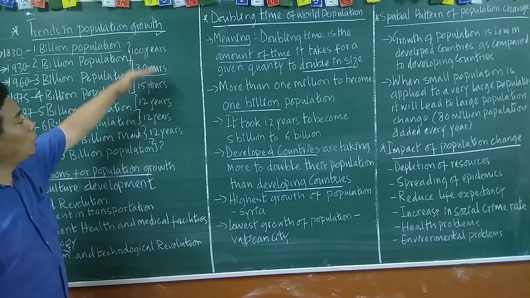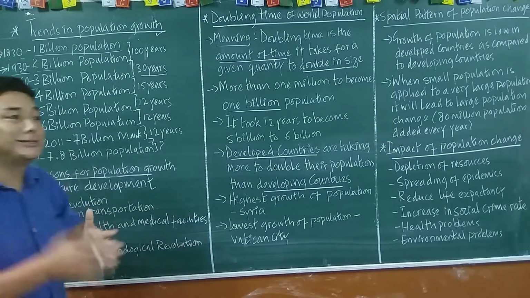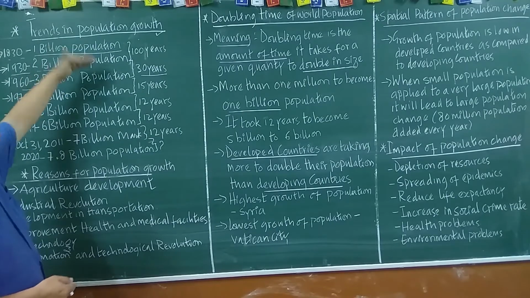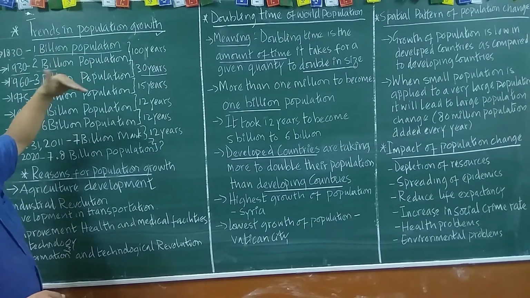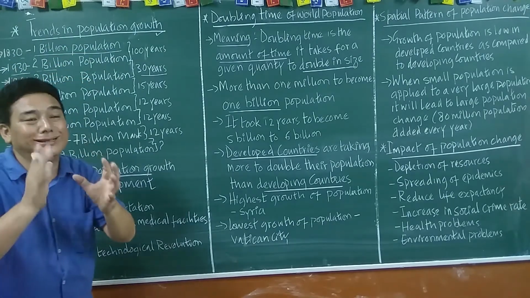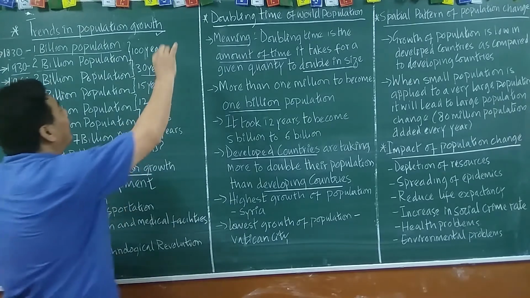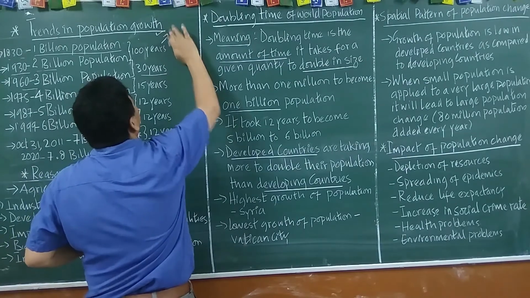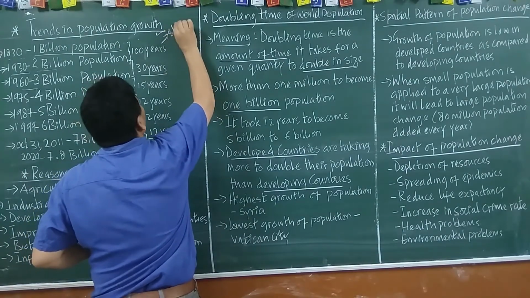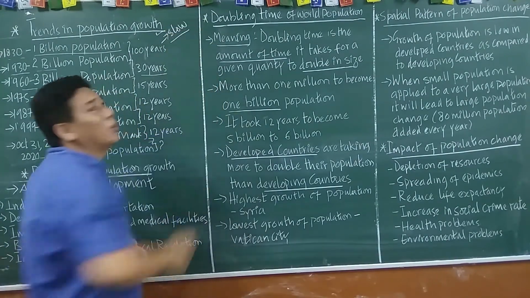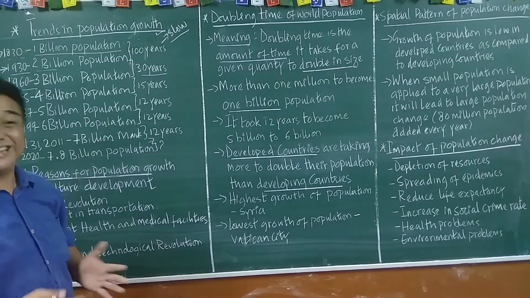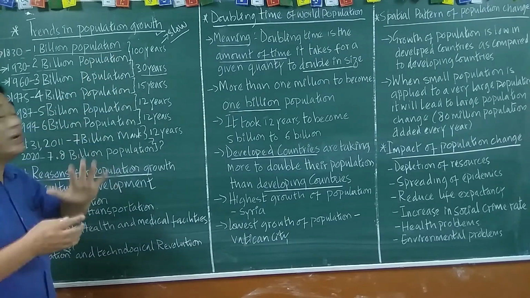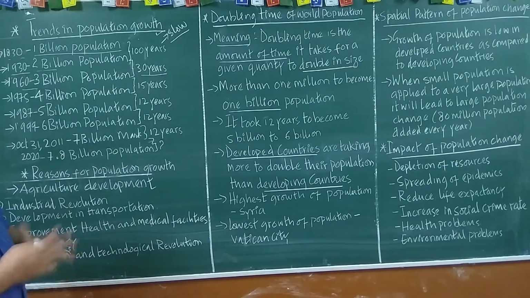That means slowly the world's population was increasing. Before the 1830s, the population of the world was increasing slowly, a steady increase in population. But after that, the population is increasing rapidly.